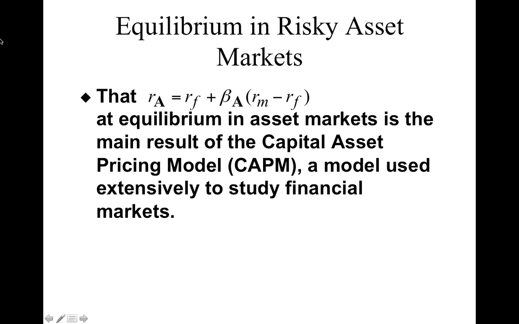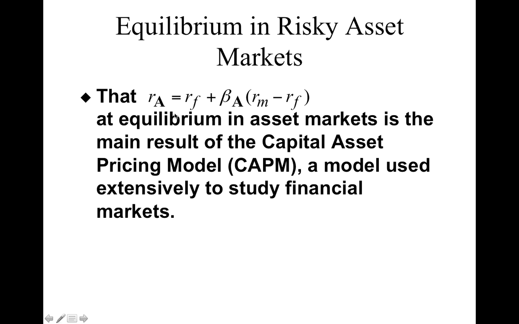So the rate of return on asset A is equal to the risk-free rate of return plus the risk adjustment factor on asset A, which is the difference between the market rate of return and the risk-free rate of return, multiplied by beta A, which is nothing but the relative variability of asset A with the market.